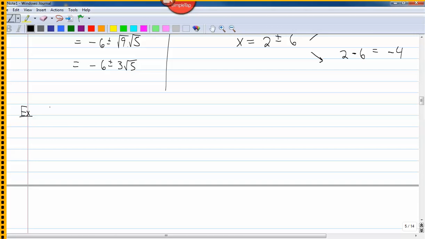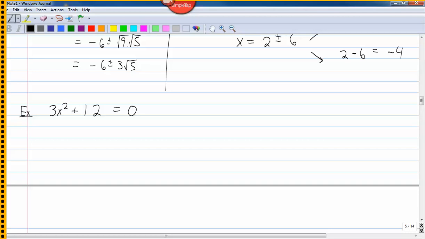Alright, so let's say that I had 3x squared plus 12 equals 0. And you were asked to use the square root property. This won't factor, not right away. It wouldn't factor using the methods that we went over anyway.